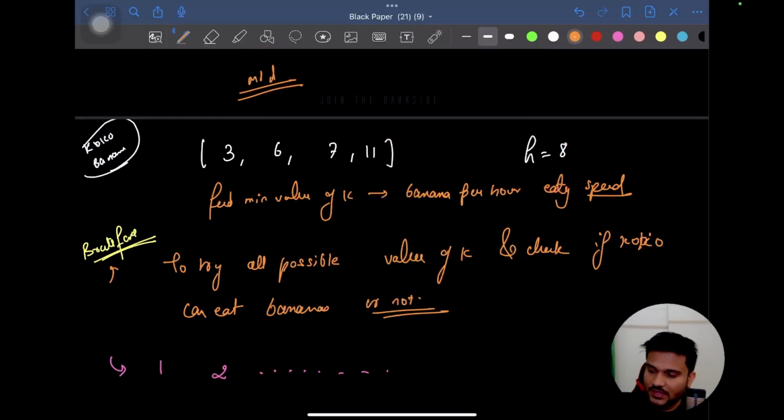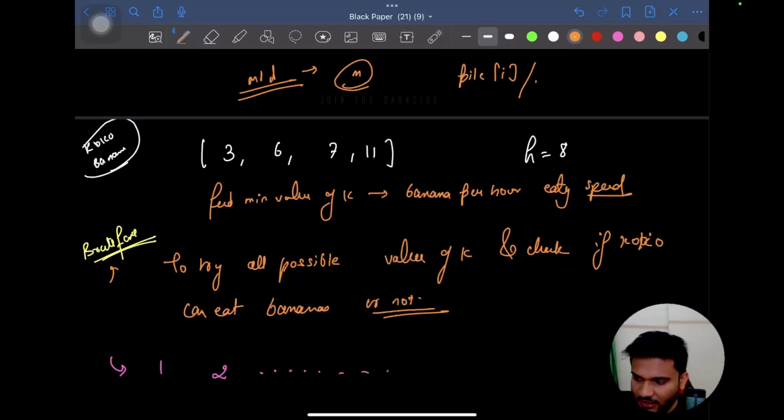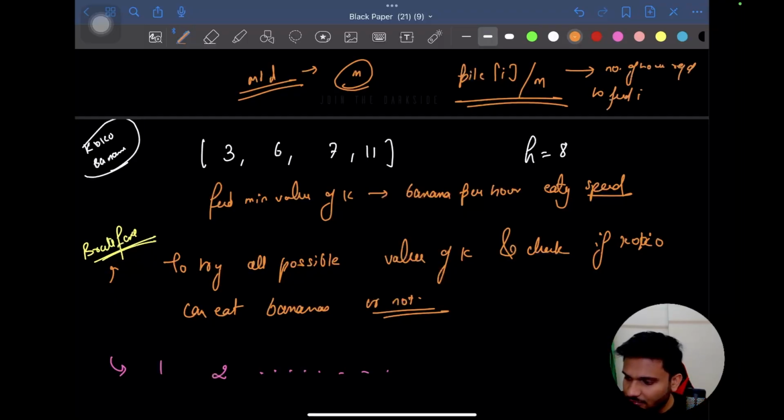So what will you do? Let's say the value of mid is m. You will go to each pile and divide it by m. What is pile at i by m? It is the number of hours required to finish the ith pile. Can I say that? Just think about it.